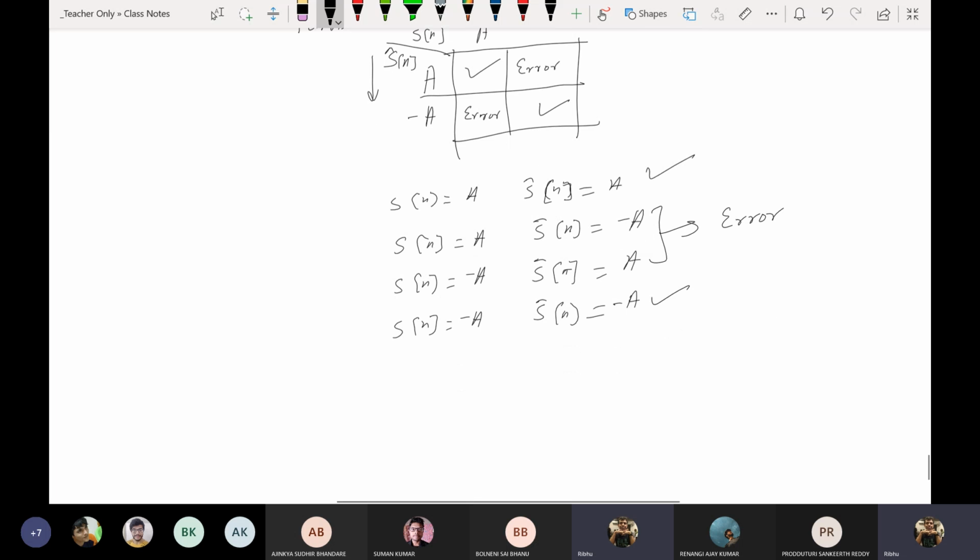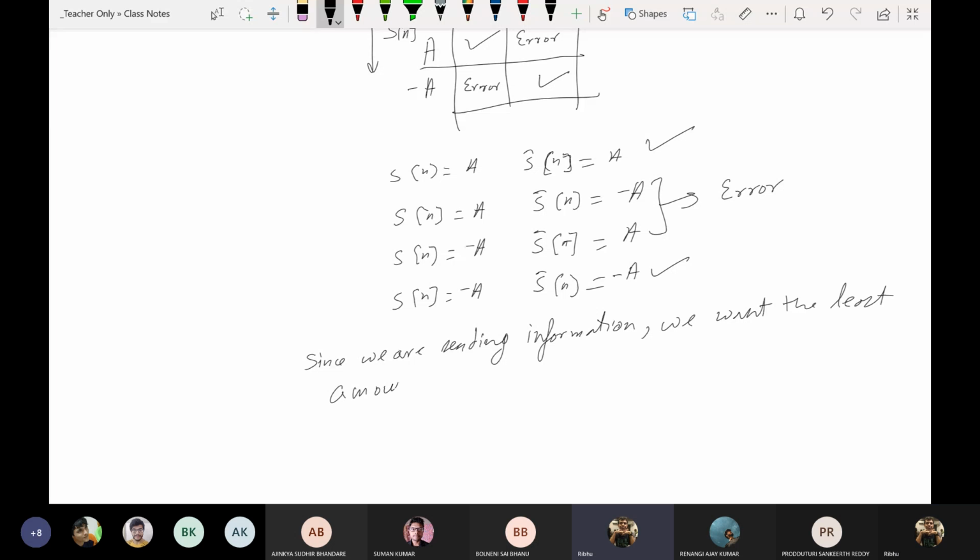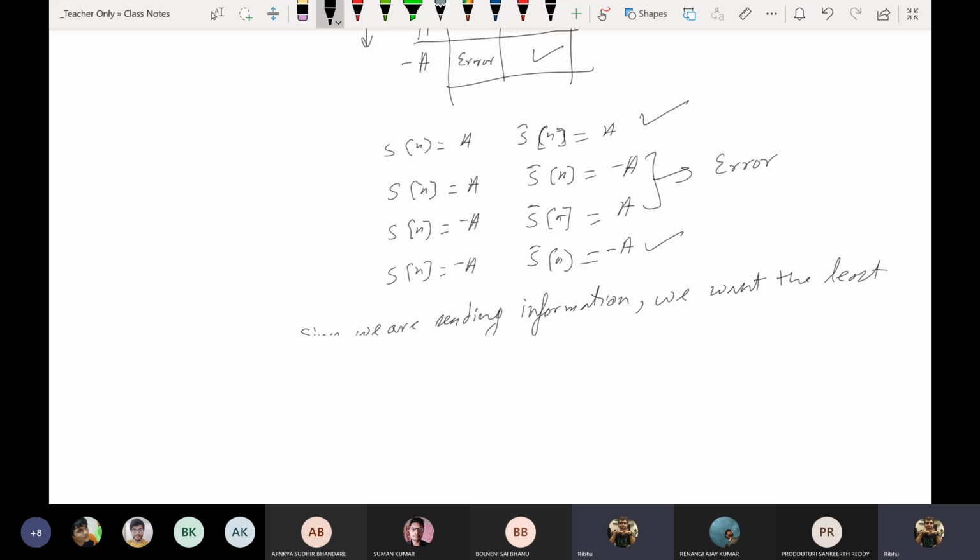And since we are communicating, since we are sending information, we want the least amount of error, right?